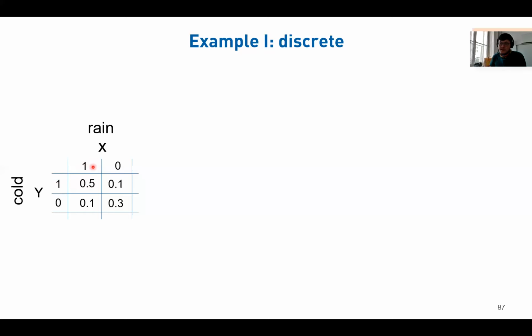They happen together. What is the probability of raining and being cold? They happen together. That is a joint probability. Okay, good.